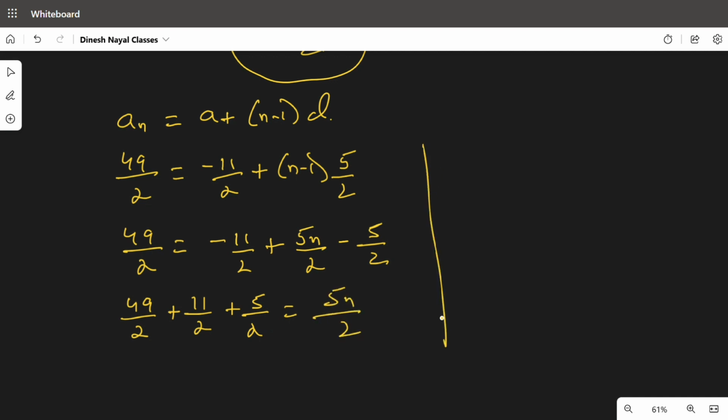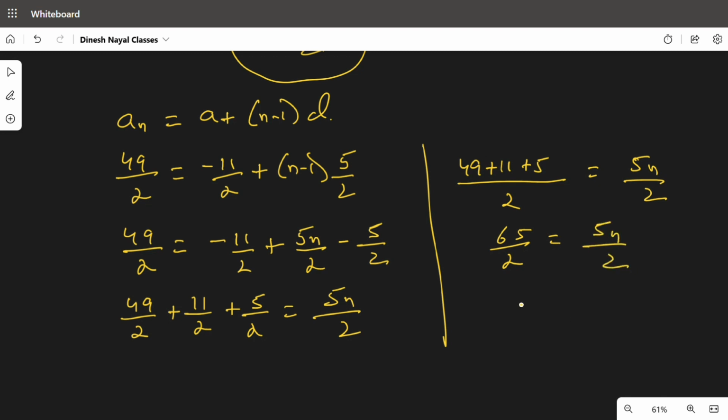Now this is very easy because the LCM is 2 over here, and this is 49 plus 11 plus 5 equals 5n by 2. Now 49 plus 11 plus 5 totals 65. So 65 by 2 equals 5n by 2. As you can see, we can cancel 2 from here.